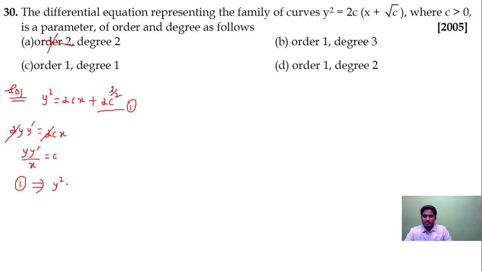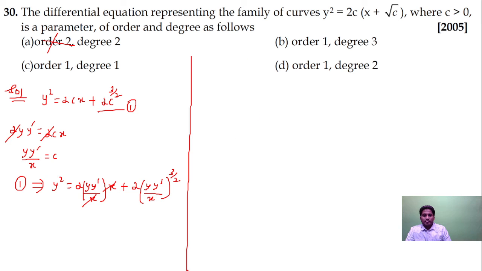You get y square is equal to 2c into x, where c is y into y dash divided by x, I just substituted the value of c, plus 2 into c to the power of 3 by 2, that is y into y dash divided by x whole to the power of 3 by 2. Anyways this x will cancel with x.